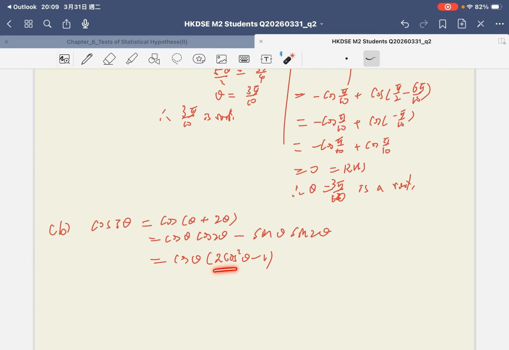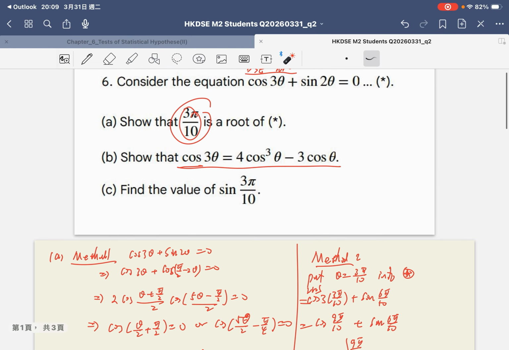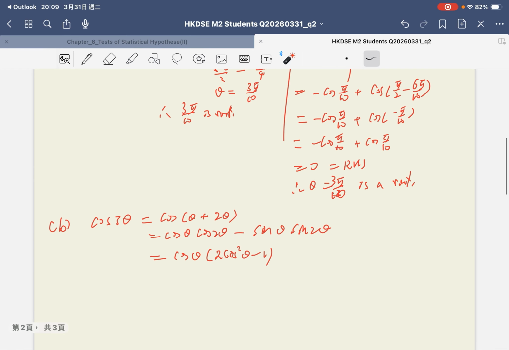I choose the first one, 2 cosine squared θ minus 1, because we have to change everything into cosine θ. And sine 2θ is 2 sine θ cosine θ, so we get sine squared θ cosine θ.